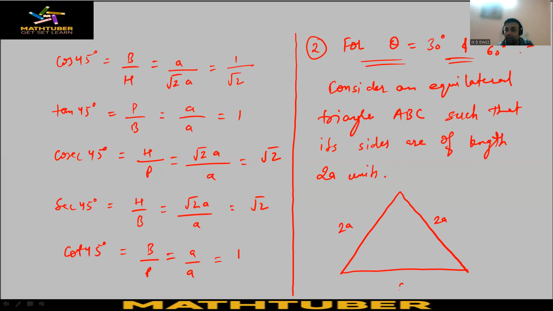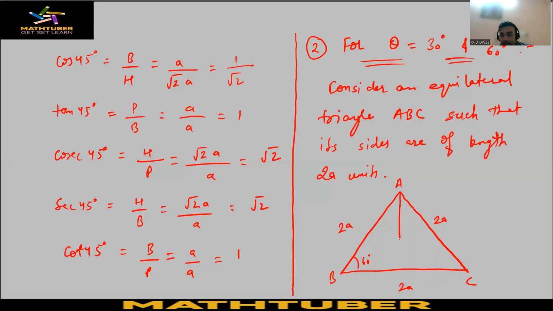This is also 2a and this is also 2a. And because all the angles are of 60 degree, this is of 60 degree. And to make a 30 degree angle, we need to make a perpendicular bisector of this triangle from this vertex A to the side BC.